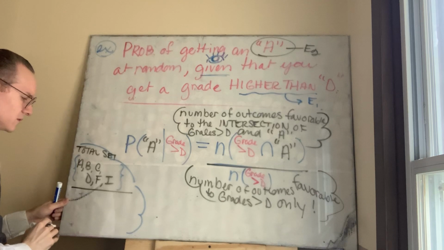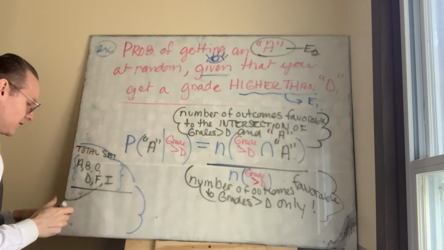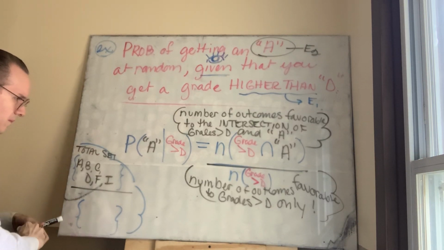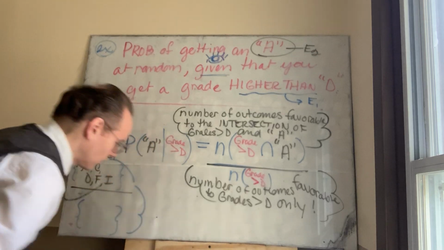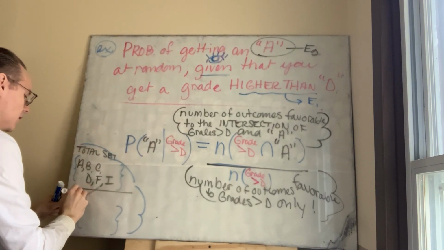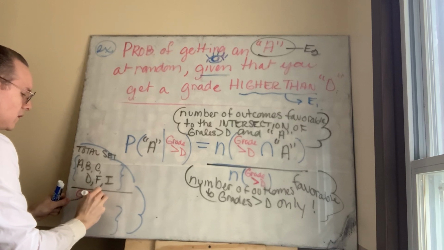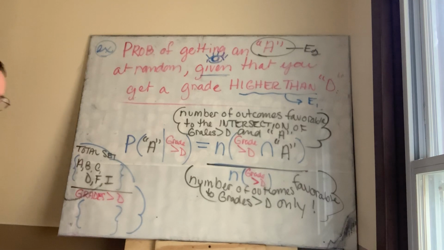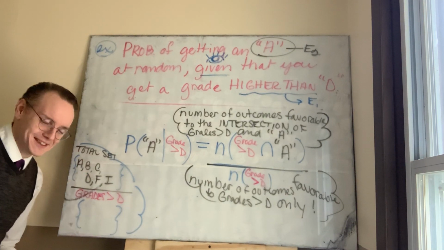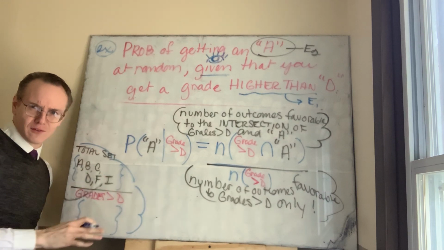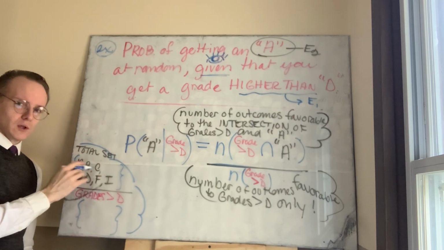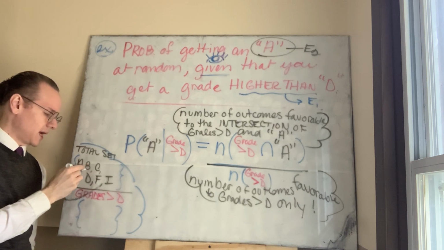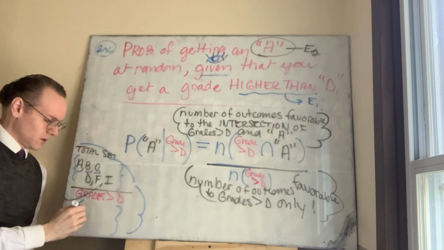Simultaneously, you could write a set that is comprised of grades greater than D. The grades, as anyone knows in school, that are greater than D, and I'm not using negatives or positives like a B minus, just the whole number of grades, would be A, B, and C. So I would put that here.